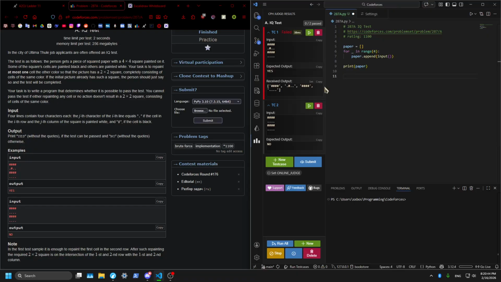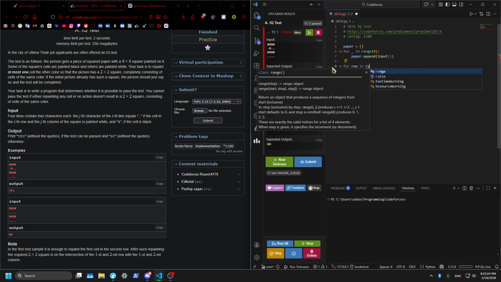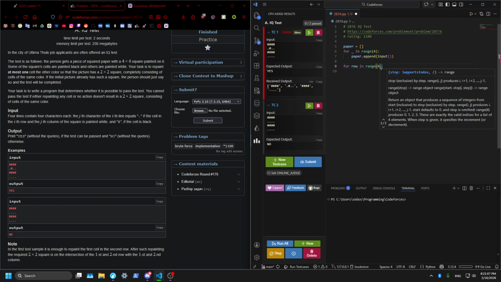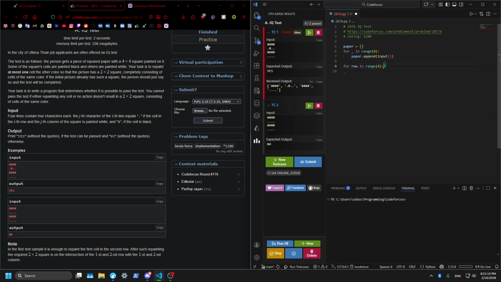Now, what I basically have to do is, for row in paper, or in range, for column in range, for, if row... okay, wait.